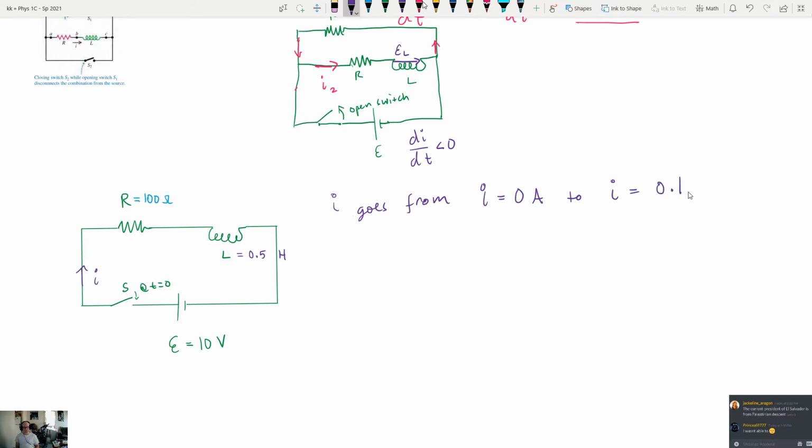So 0.1 amps in delta t equal to 0.025 seconds. Okay? What we want to do is to find the, I guess, average back EMF. I think that's a reasonable thing to calculate.